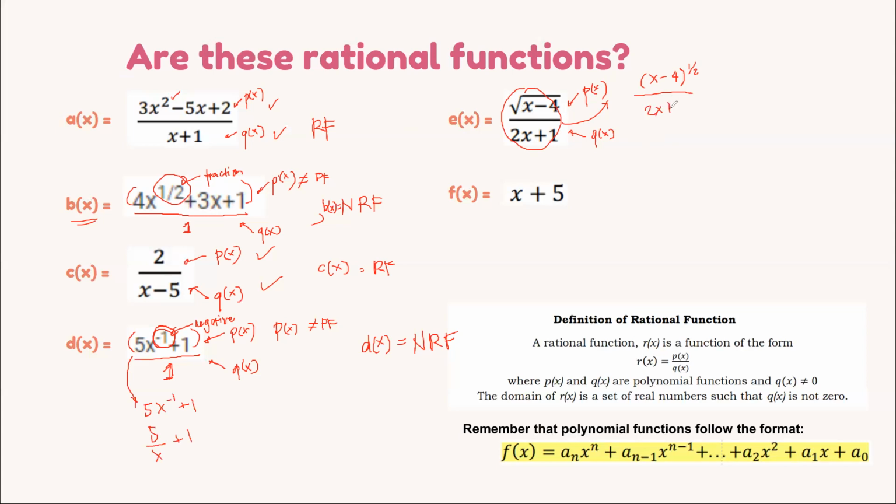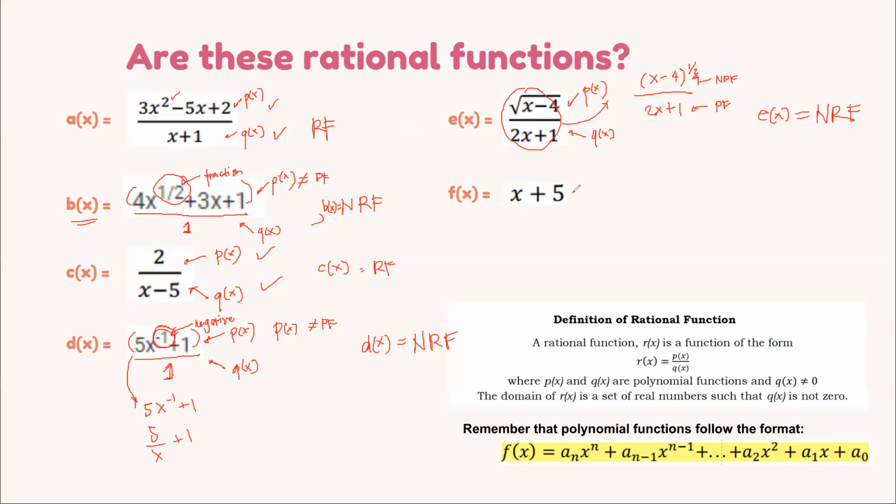And we just copy the denominator. Since P of x has an exponent that is a fraction, it is not a polynomial function. Q of x is a polynomial function. So since one of them is not a polynomial function, E of x is not a rational function.